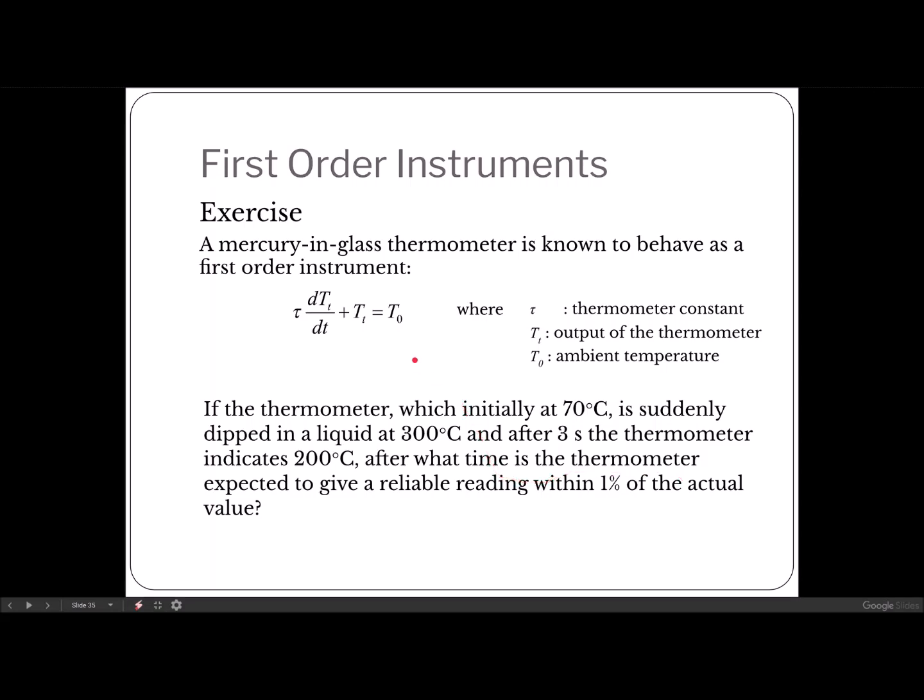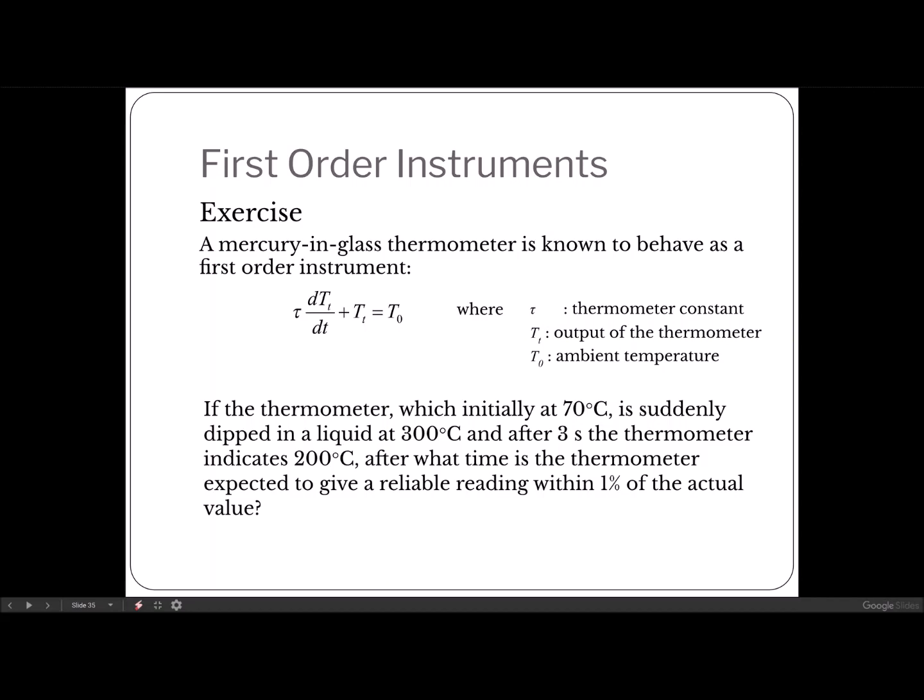So the characteristic of the thermometer, the model, can be represented like this, where T naught is the entity that you measure, the temperature that you measure. T sub T is the output of your thermometer.